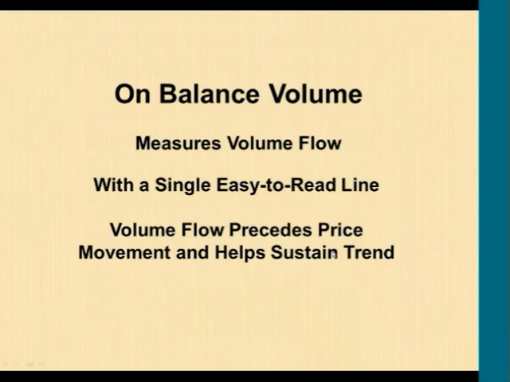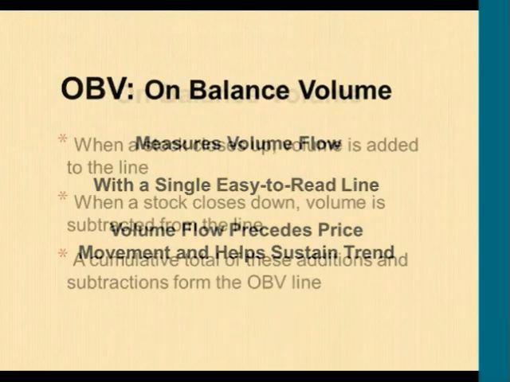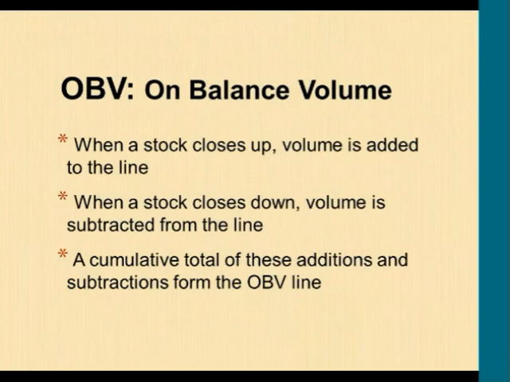So if you have volume behind the price move, then that allows the trend to be sustained. And the way the on-balance volume line is calculated, when a stock closes up for the day, volume is added to the line, and when a stock closes down for the day, volume is subtracted from the line. So a cumulative total of these additions and subtractions form the OBV line.